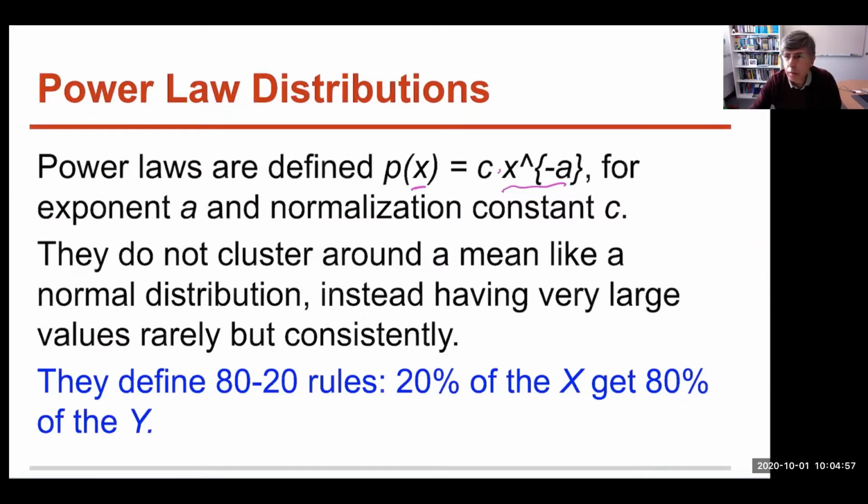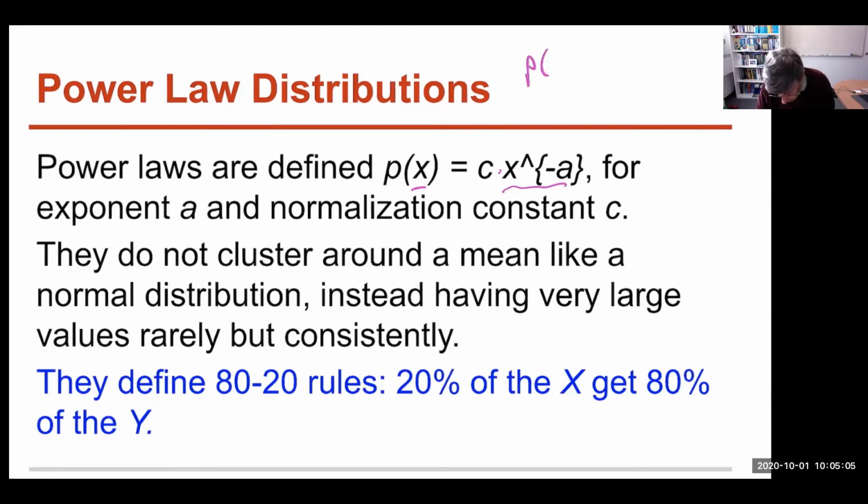Let's say that a is, in a typical case, 1. So suppose we have a probability of x equal to some constant times x to the minus 1. What happens as x gets big? What happens to p of x?